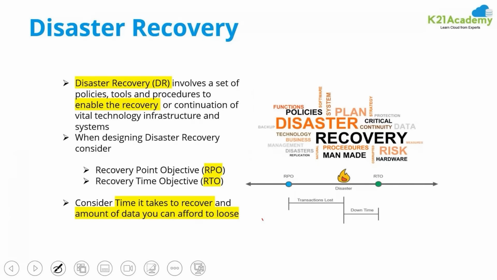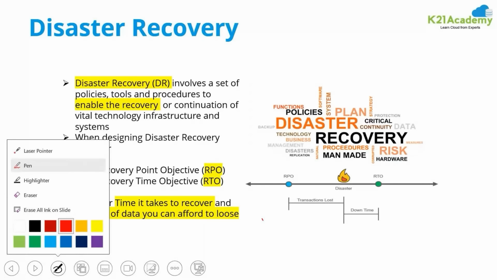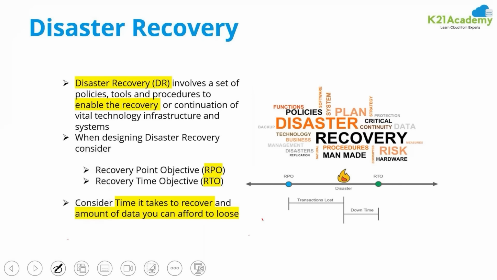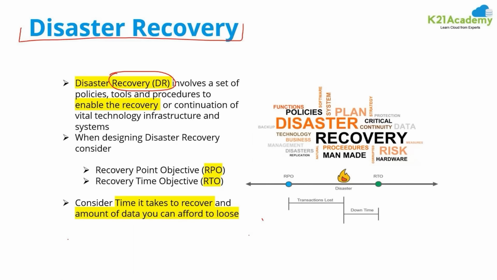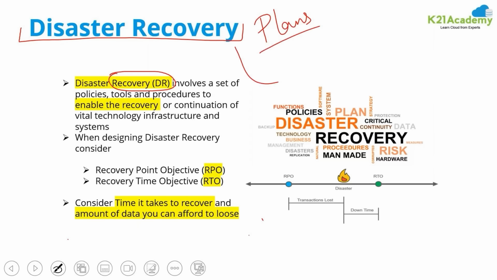So in case you want to overcome such kind of disaster, that means even if the disaster occurs, your system should be able to recover. That is known as disaster recovery. Companies create disaster recovery plans. For that, they create disaster recovery sites.